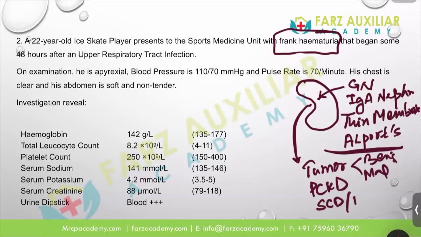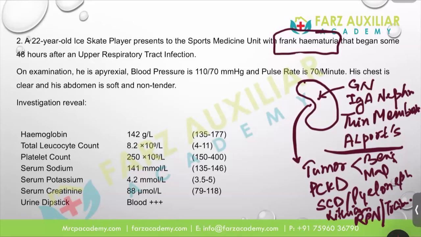Then pyelonephritis. So this is outside the glomerulus, but within the kidney. Then of course, renal stones, that is renal lithiasis. Renal papillary necrosis, a very important cause in diabetic patients. And of course, kidney trauma, direct blunt injury to the kidney. These are the causes of hematuria from the kidney.